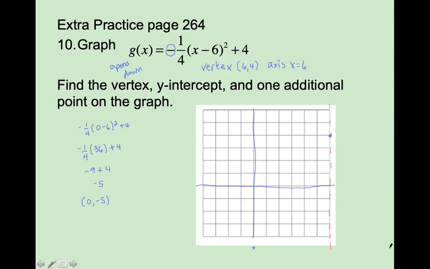I'm really off the screen, but I think you get the idea. I could also change my scale here. It said to find one other point on the graph. So we know we went 6 to the left and down 5. If I go 6 to the left or 6 to the right of my axis and down 5, I will be at the point (12, -5). All right, and that's the mirror image on the other side of this axis.